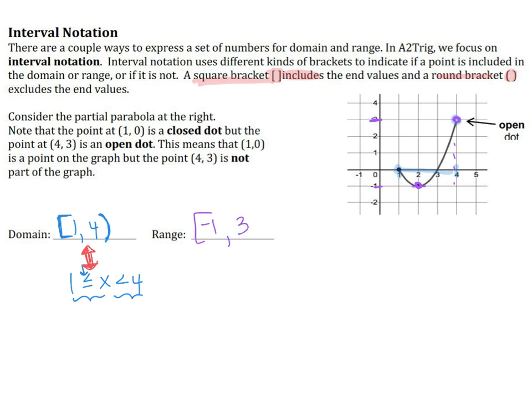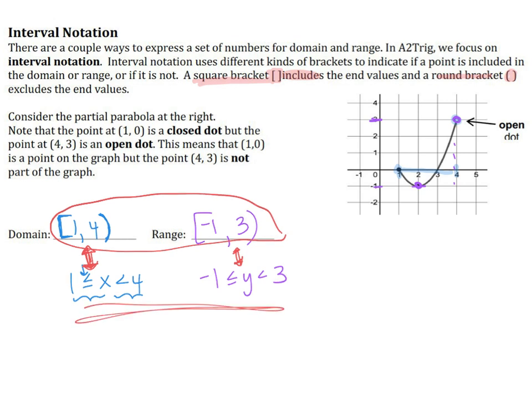So instead, I can write 3 and just put a round bracket there. So it's including the -1 and excluding the 3. So again, these are equivalent ways of writing your range. You can use either one. You'll see our answer keys transition to the interval notation. But if you like your inequalities, you can still use those.